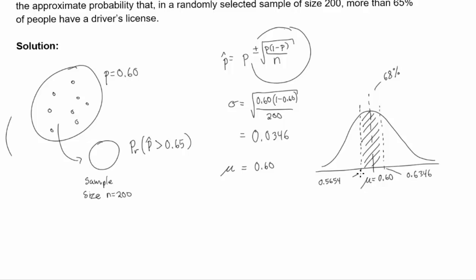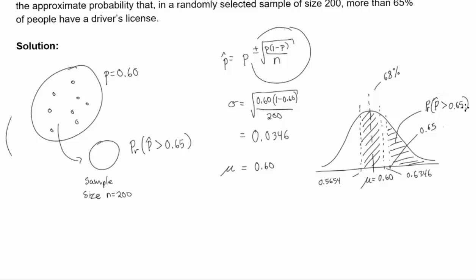But the question is asking, what is the probability that a sample proportion will be more than 0.65? So more than 0.65 is out here, say approximately there. So if that is 0.65, the question is asking, what is the probability that the sample proportion will lie in the right tail of the standard normal distribution curve?